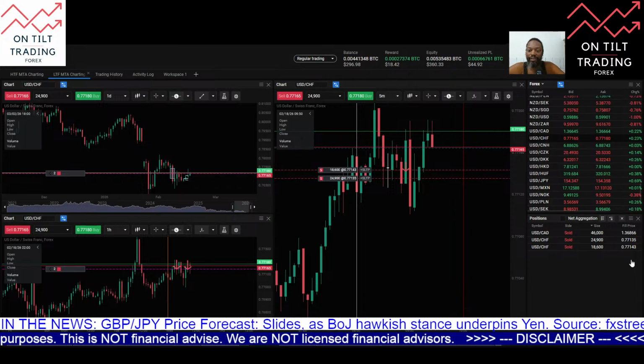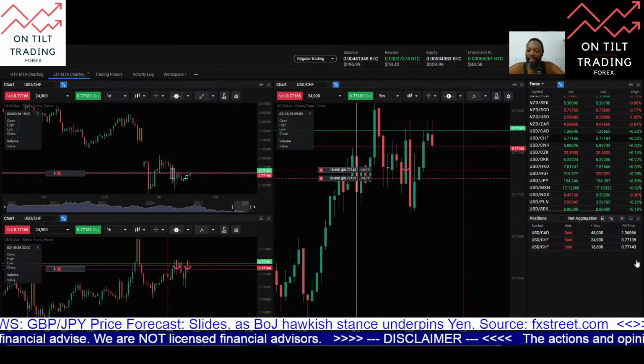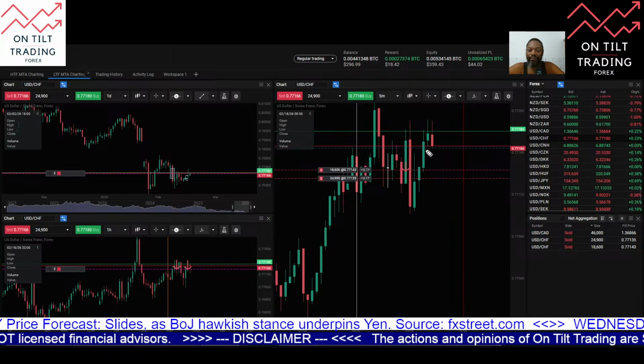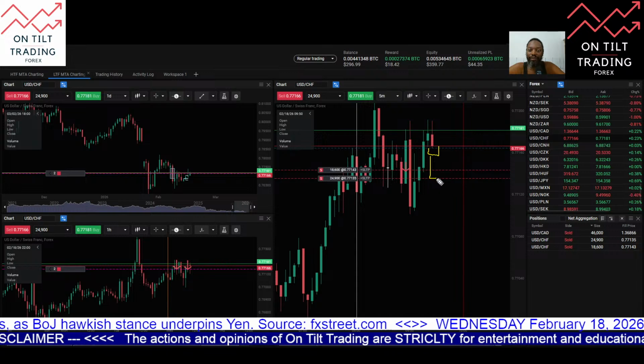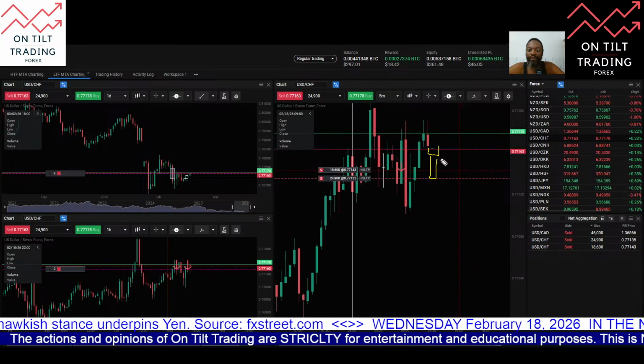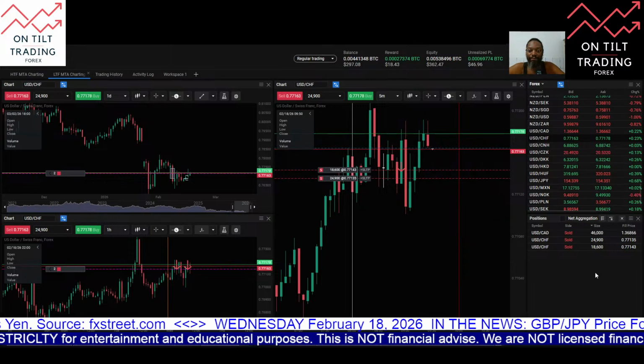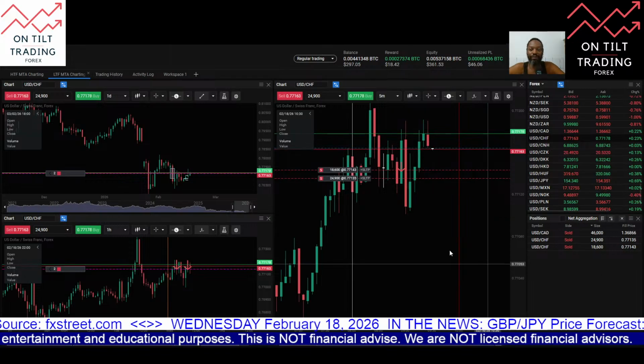Price could trade into this gap, close inside of it, or completely disrespect it. Either one of these two options would be favorable for my current sell positions.